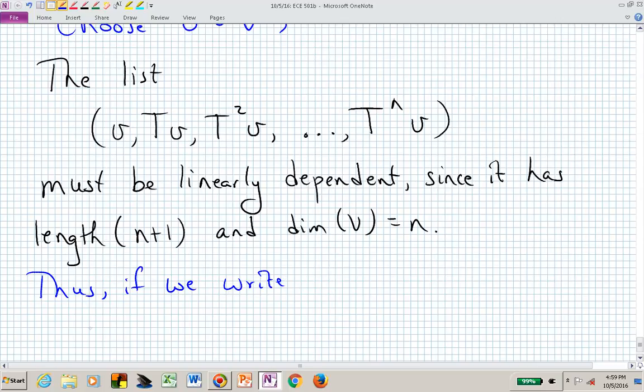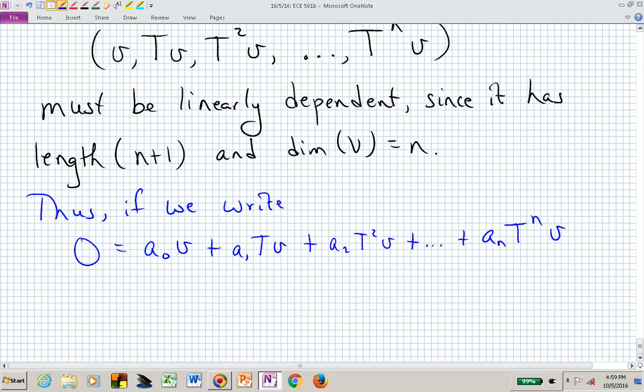Thus, if we write 0 is equal to a sub 0 v plus a1 t v plus a sub 2 t squared v plus dot dot dot plus a sub n t to the n v, what can we say about those a's?